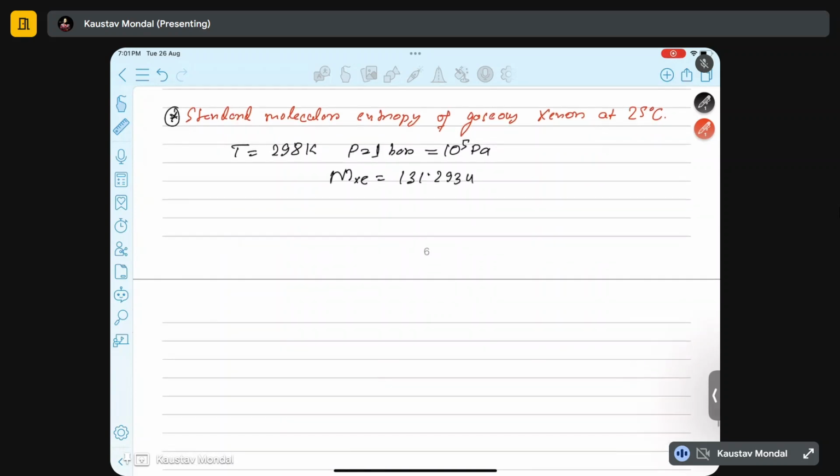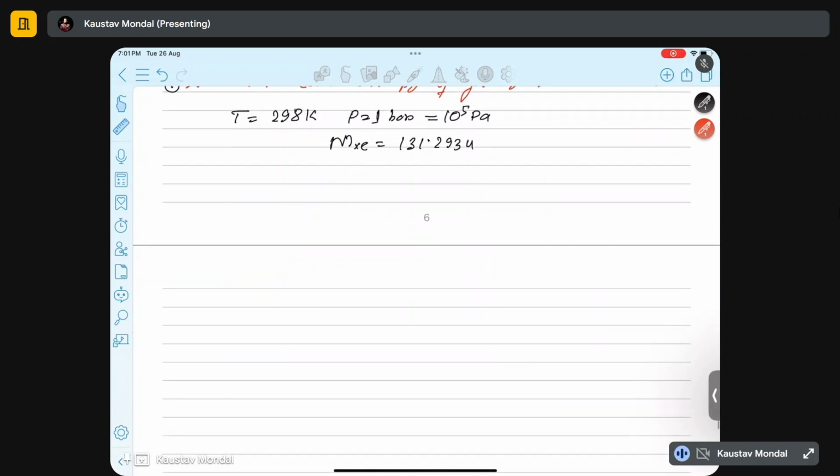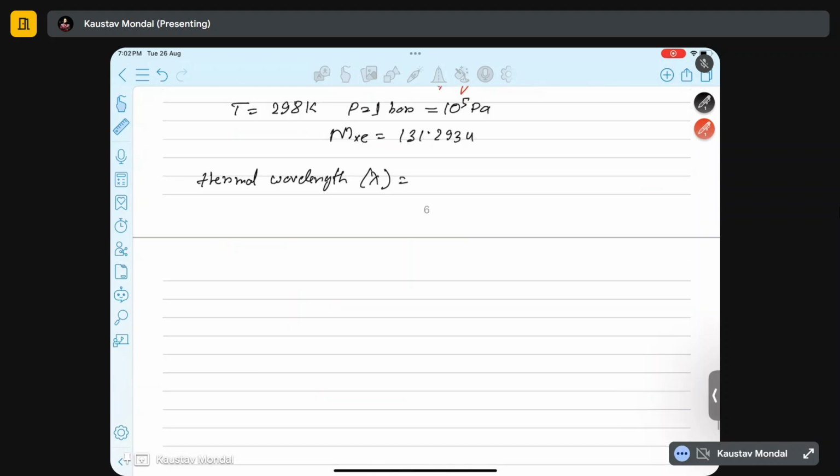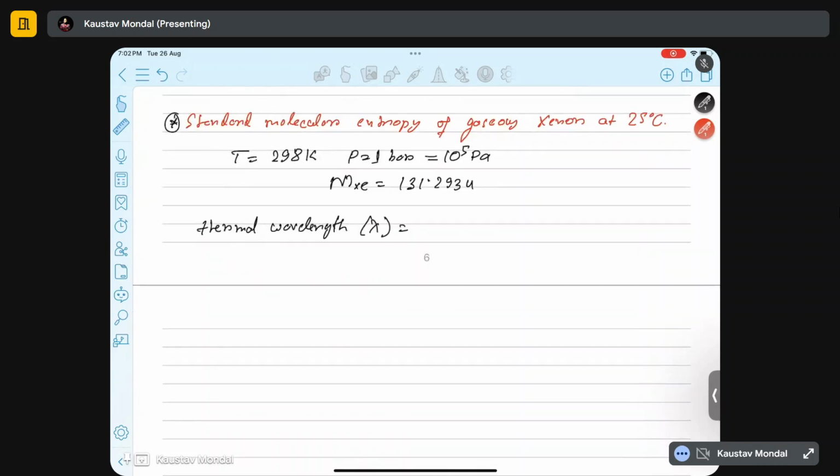Similarly, first we have to calculate the thermal wavelength. The thermal wavelength expression is given by lambda equals h by square root of 2 pi m kT.